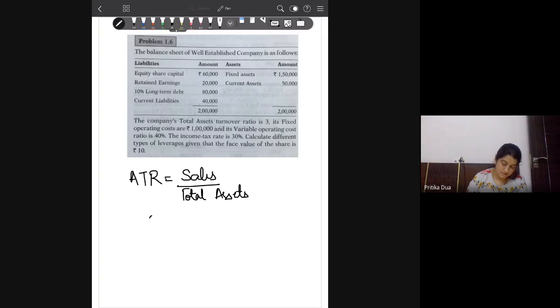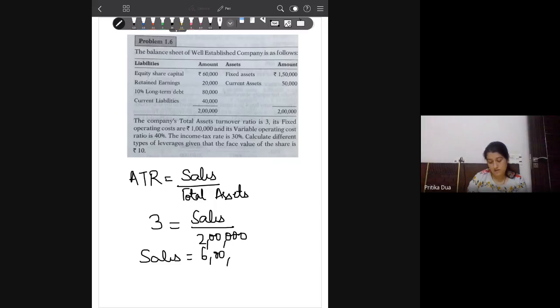So, this is the sales value you need, and your total assets are 2 lakh. So you get the value of sales as rupees 6 lakh. And now you can start preparing the income statement to calculate the other leverages. Start making the income statement.